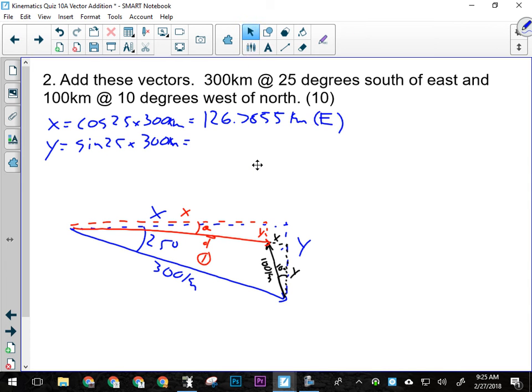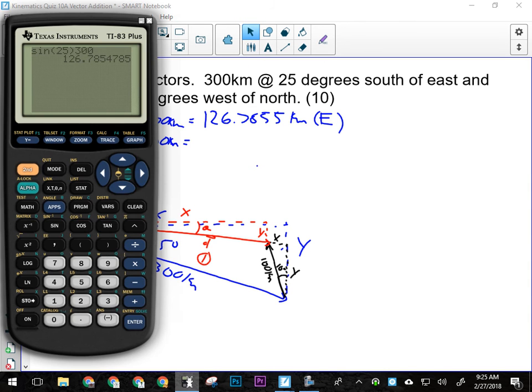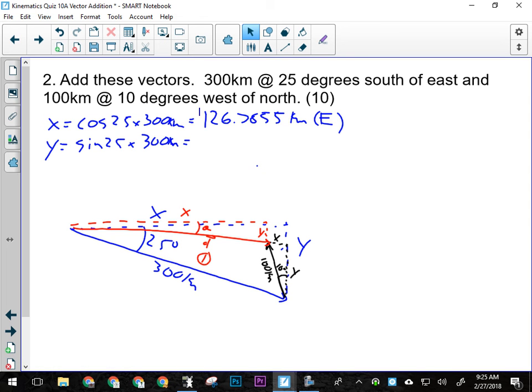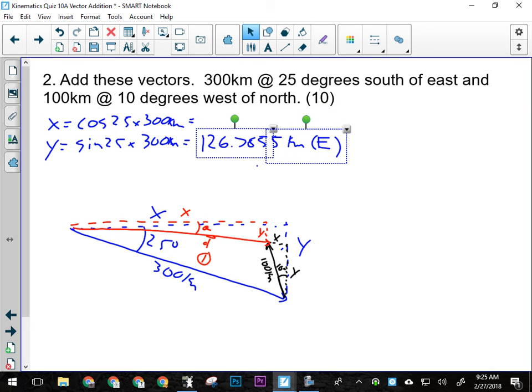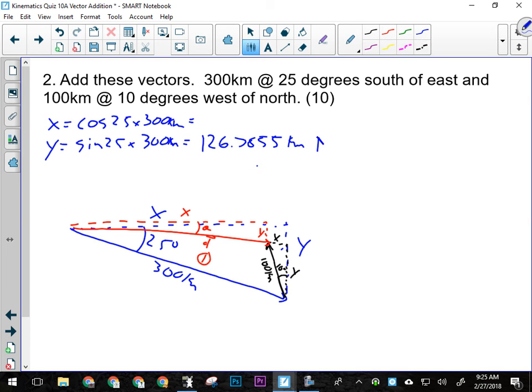Okay, and then our y component. Why did I just do sine on that? That's the y. Got ahead of myself. And that is south.